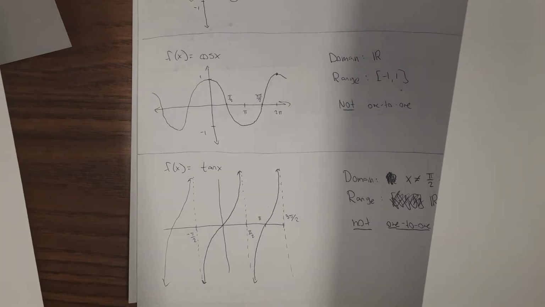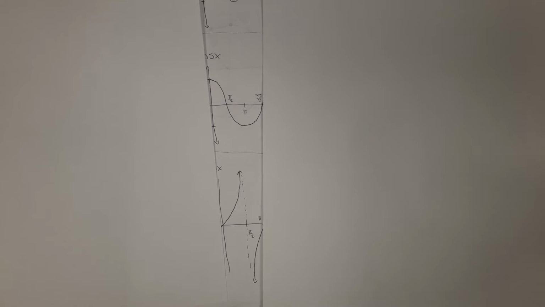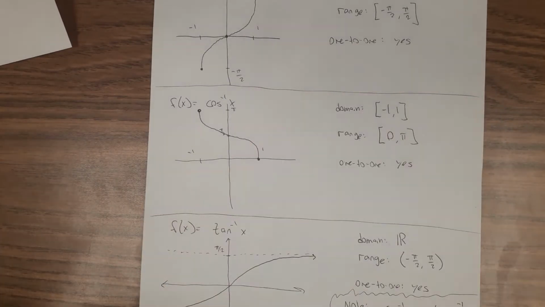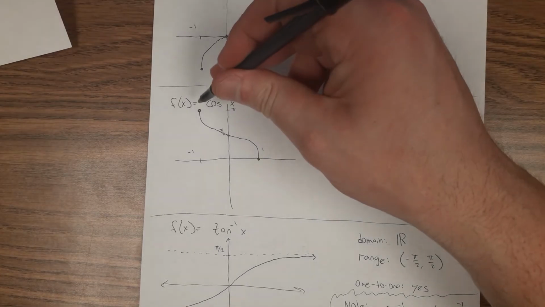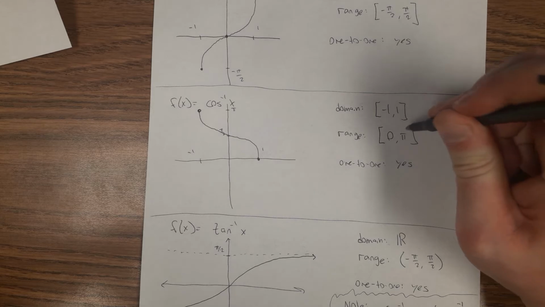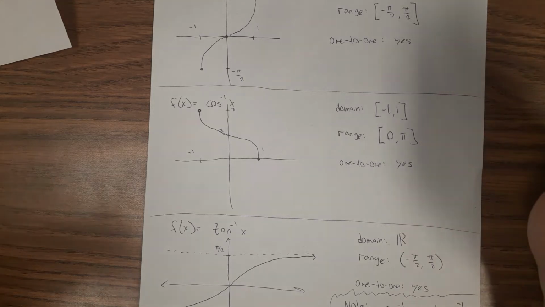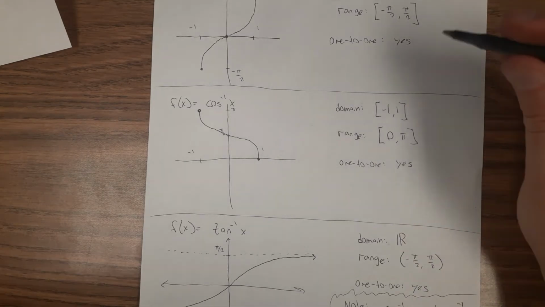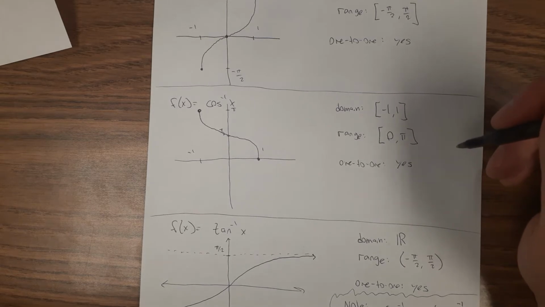Cosine doesn't have an inverse, so I'm going to cut it off here and here, at 0 and pi. So we just look at that part of the graph, and we flip that part of the graph. And that's how we get this. That may explain why the domain and range is what it is, just based on where we cut the graph off. And it is one-to-one.